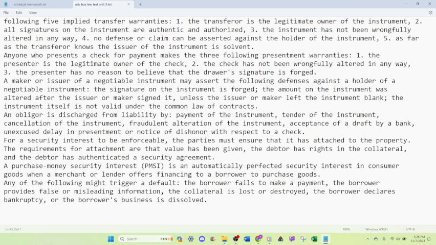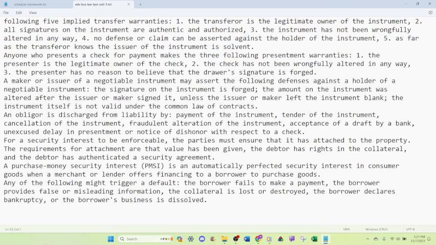For a security interest to be enforceable, the parties must ensure that it has attached to the property. The requirements for attachment are that value has been given, the debtor has rights in the collateral, and the debtor has authenticated a security agreement.